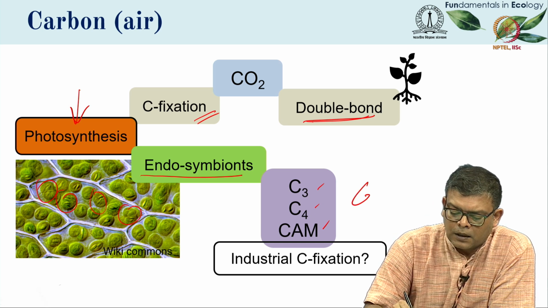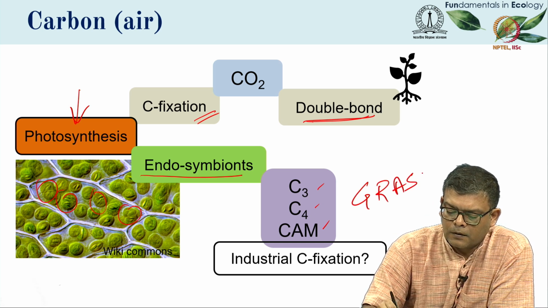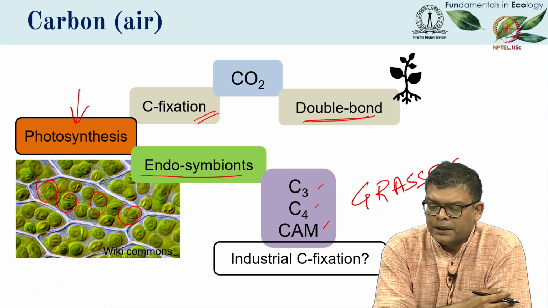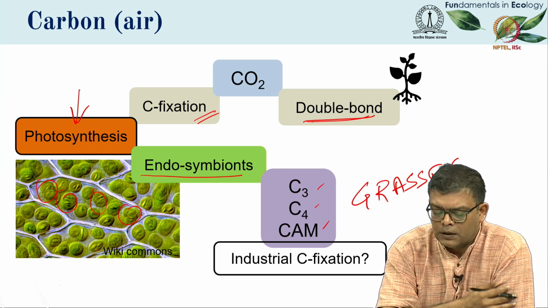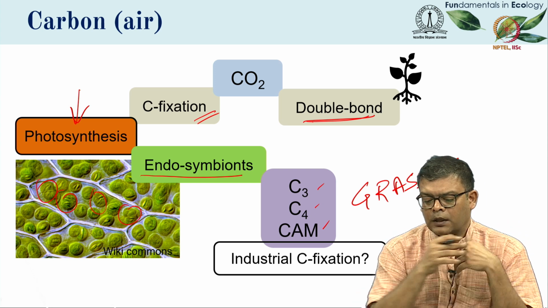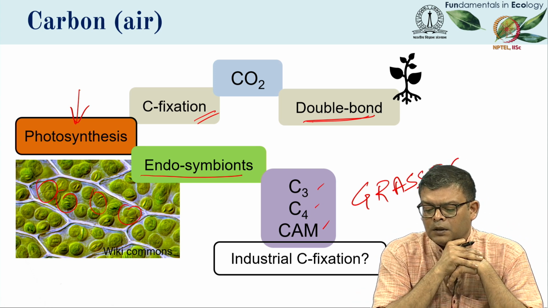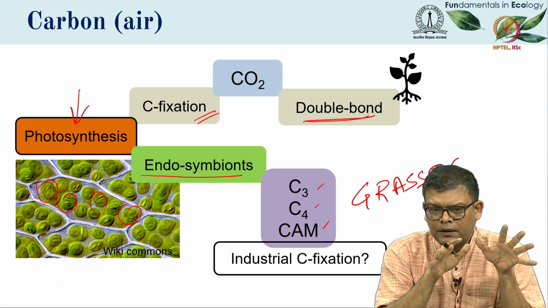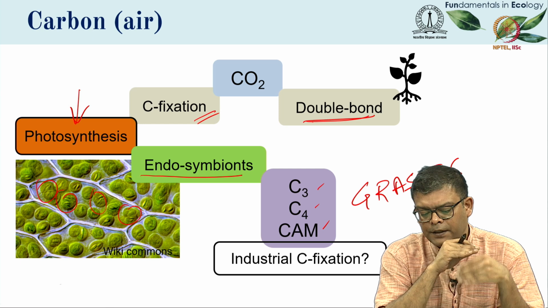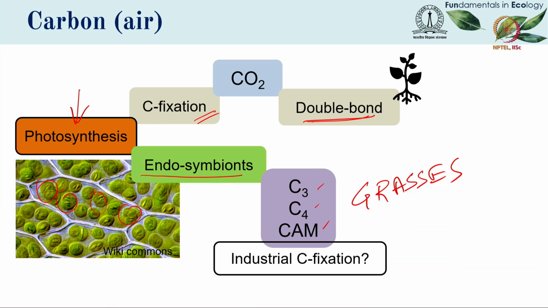So these are the grasses. Many grasses are C4, although C4 photosynthesis has evolved independently in a few other types of plants. So grasses are familiar to us as savannas and grasslands which occur in drier regions compared to forests that have trees using the C3 pathway. So those were the similarities between carbon and nitrogen.